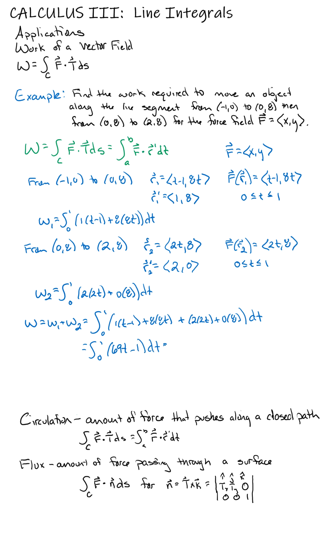Integrating that gives us 69t squared over 2 minus t. Evaluate that from 0 to 1. Gives us, common denominator, 69 minus 2, 67 over 2.